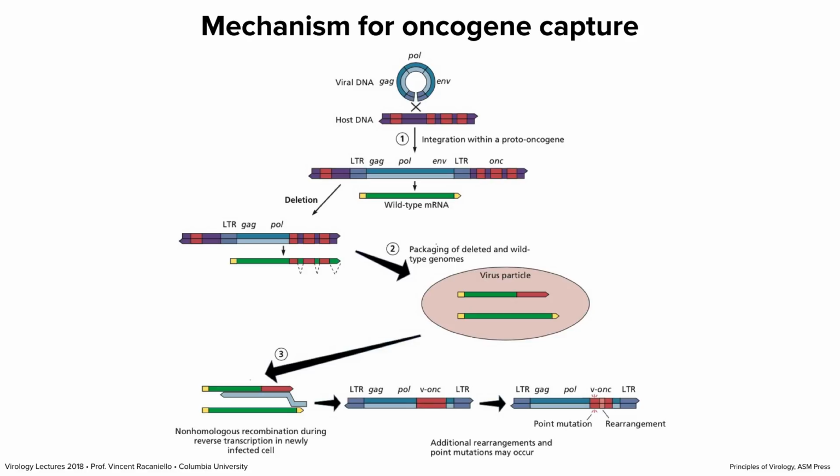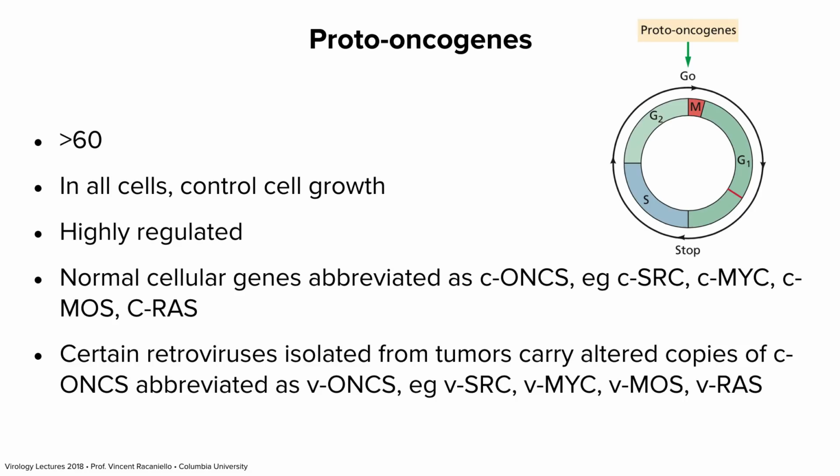It actually has nothing to do with the retrovirus life cycle, except that the retrovirus must integrate its DNA, but capturing an oncogene is not part of the productive infectious cycle of a retrovirus. Now, so far we have identified over 60 different cellular genes that can be picked up by RNA tumor viruses to cause transformation.